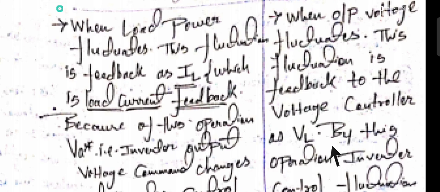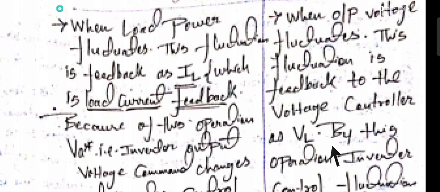Whenever there is fluctuation in the output power of the auxiliary loads, this fluctuation is fed back as a signal, and that signal is known as the load current feedback signal. Due to this operation, the inverter output voltage command changes. We have already discussed the inverter output voltage command signal and inverter output current command signal, so I don't think I need to discuss the same thing again.